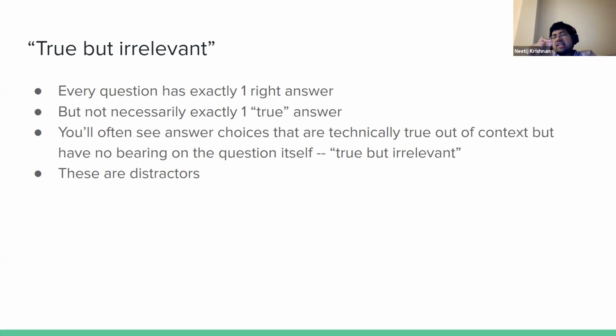Another thing I want to add that I thought of after I made this presentation was use the answer choices to guide what you're thinking. So for example, if a question is asking about a complicated process, but it's asking only about one aspect of that process, if you look at the answers, you'll realize that all the answers have something to do with that particular aspect of the process.